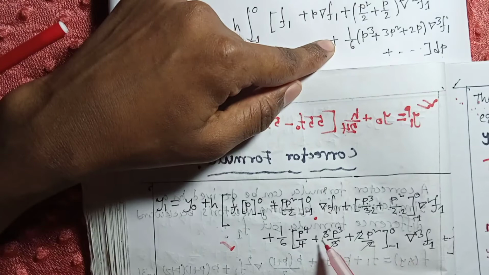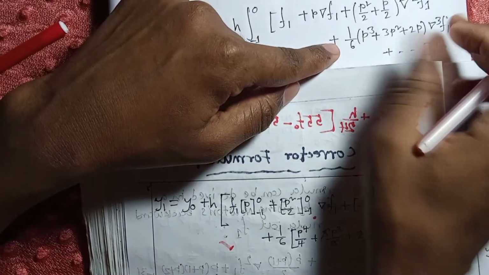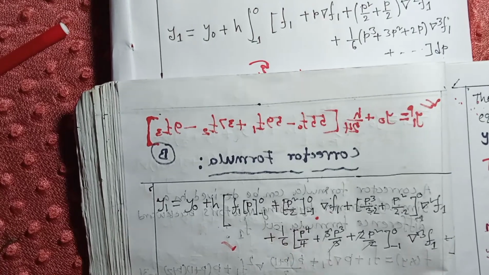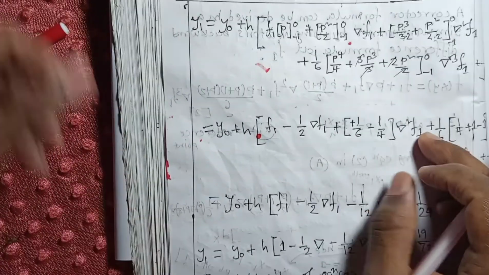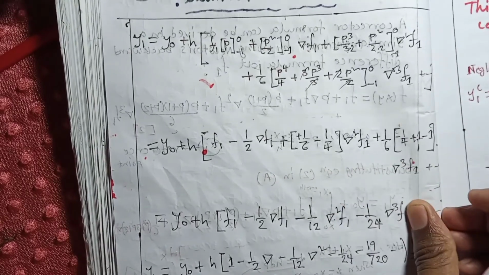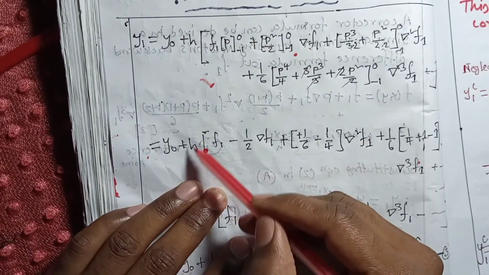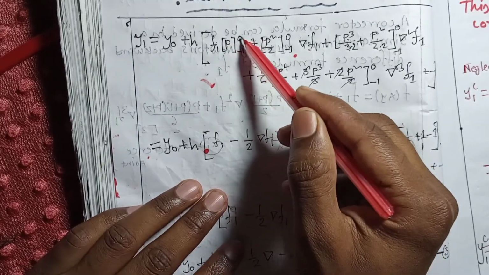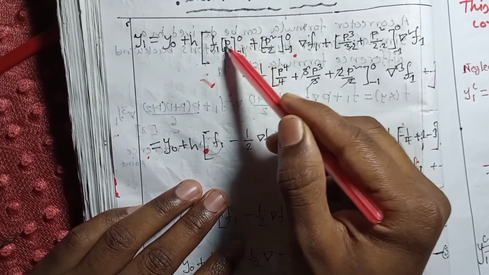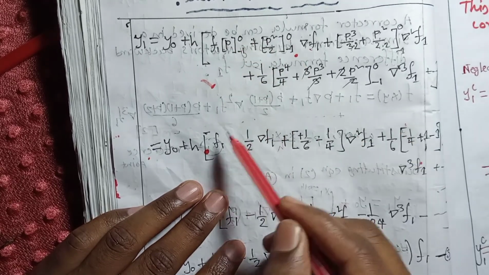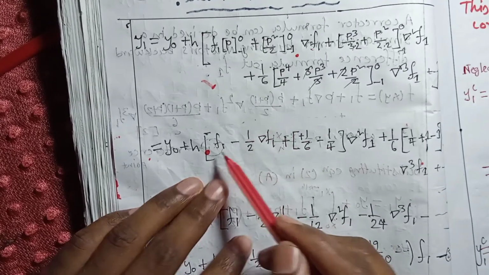And the third one is in this manner. Then y0 plus h times f1, because if we put 0 it is 0, and minus 1 gives 1, so f1 into 1 is f1.